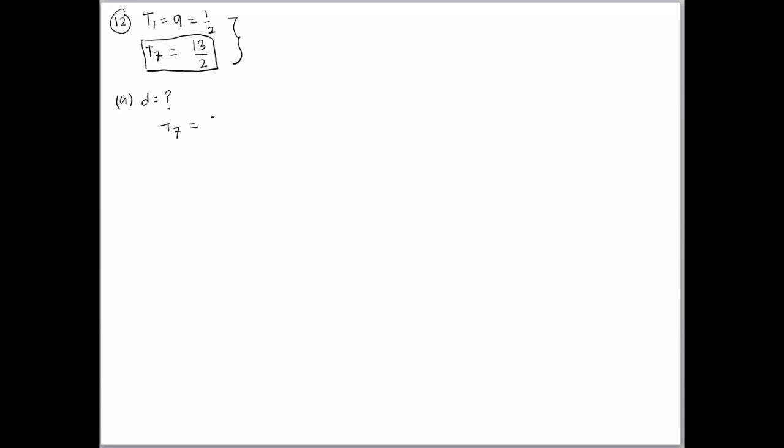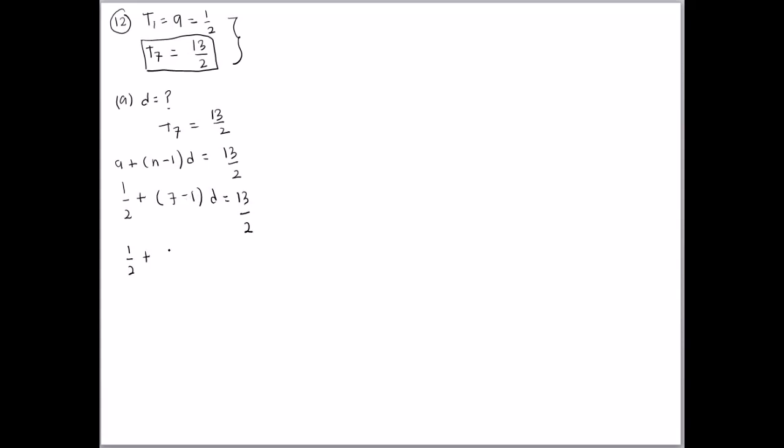Formula for Tn: a plus n minus 1 d equals 13 over 2. We know that a, the first term, is 1 over 2. So we can substitute 1 over 2 plus n. Since this is the seventh term, our n is 7. d is the value that we want to find. So now we can just simplify.